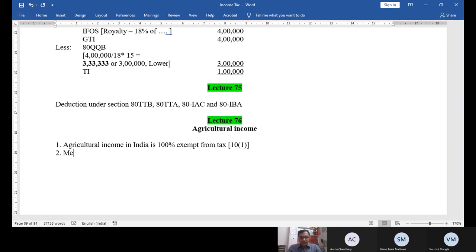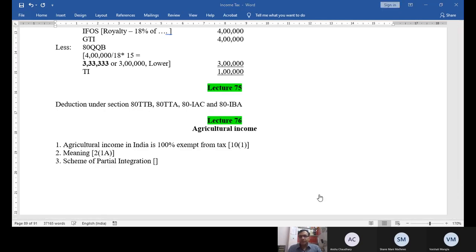Second point is the meaning of agricultural income, section 2 clause 1A. And third point is what is known as the scheme of partial integration. In general sense, it is known as the scheme of partial integration. The Act doesn't say this, and it is in the Finance Act.